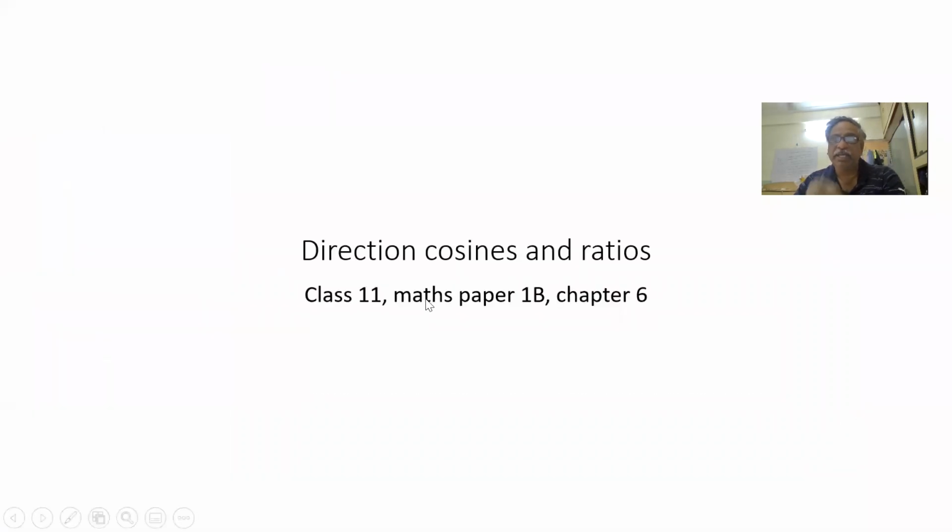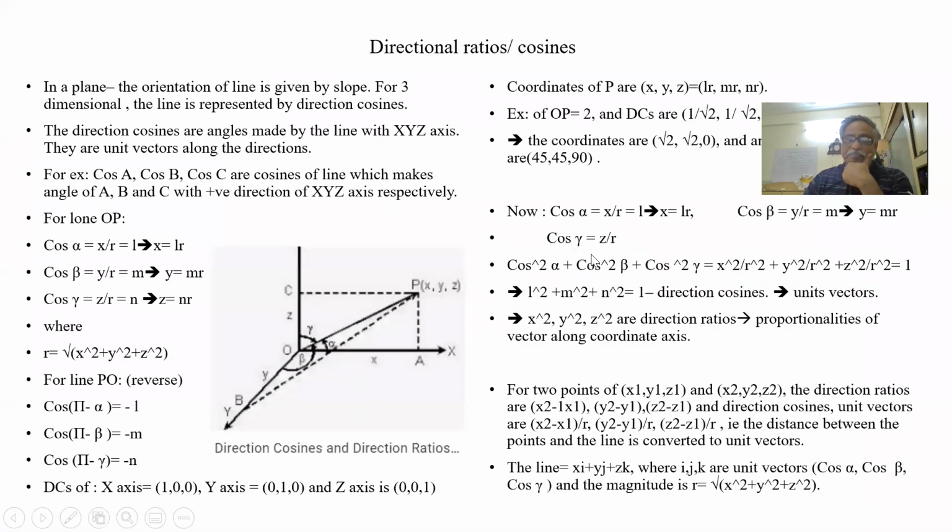This is class 11 maths Paper 1B, chapter 6, direction cosines and ratios. Let us say a line OP is there. If it is only in the xy coordinate, we know it makes angle theta with x and 90 minus theta with y.